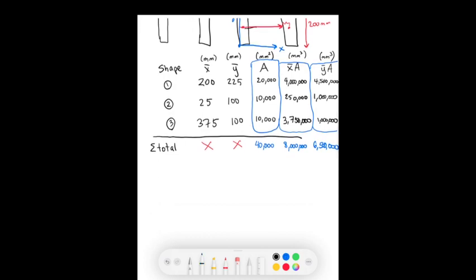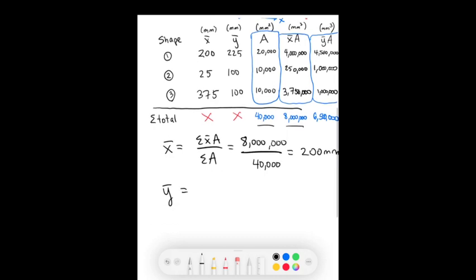And now we have everything we need. X bar is equal to the sum of the products divided by the sum of the areas. So the sum of the x products divided by the sum of the areas works out to 200 millimeters. And do the same thing for y bar.